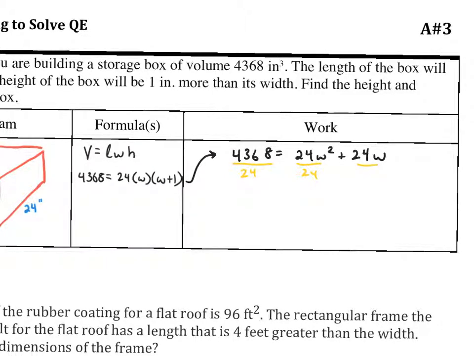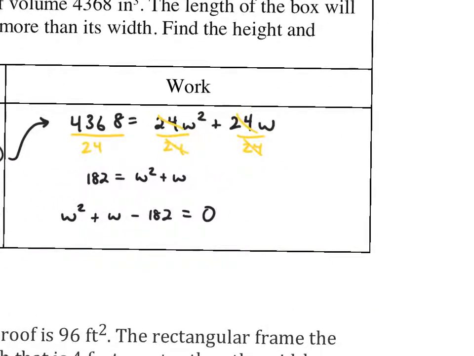Divide each term by 24. That kills that. So 182 is equal to w squared plus w. Subtract 182 from both sides, and I get this. So that's standard form.